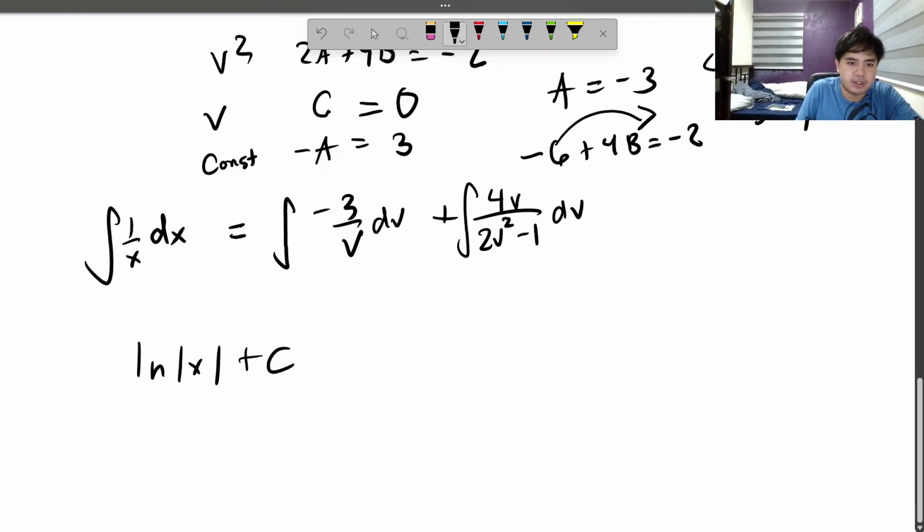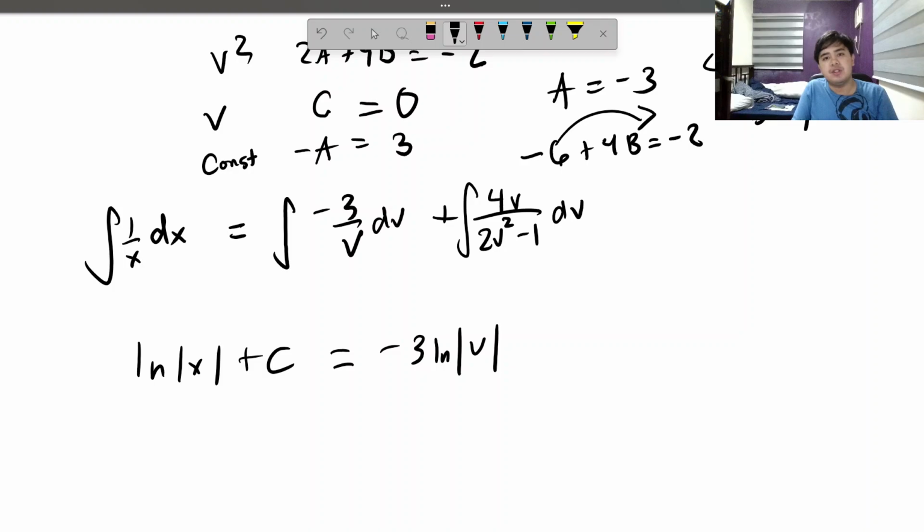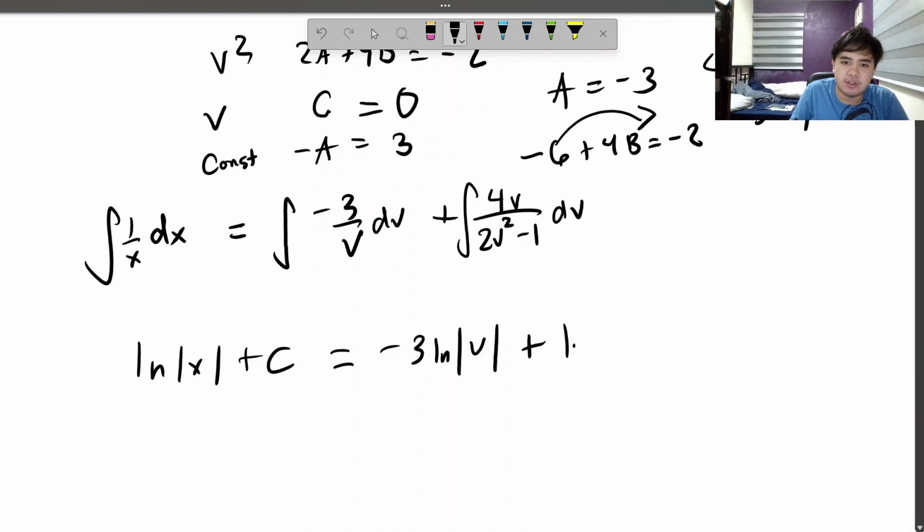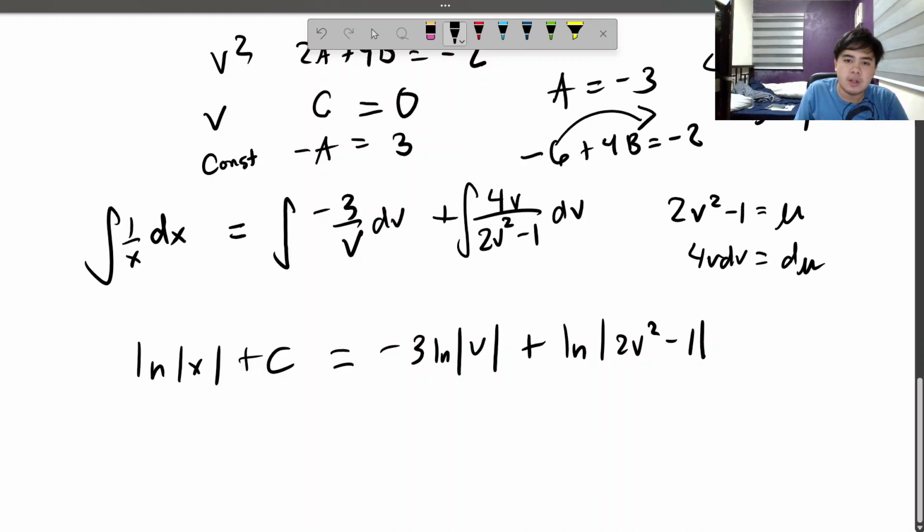Let's put plus c in here because there's a lot going on. Then negative 3 ln v, plus ln of the inside, 2v squared minus 1. If you do integration by substitution, with 2v squared minus 1 equals u, the derivative is 4v dv equals du. So it's going to be ln, no problem there.